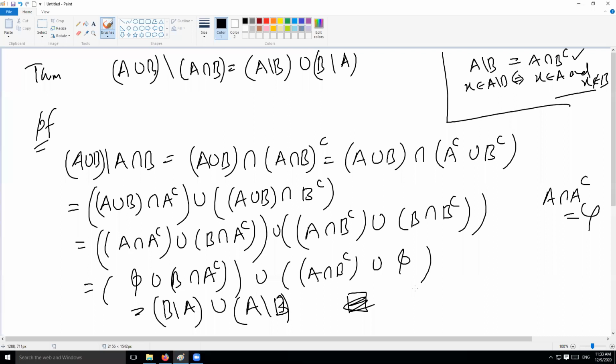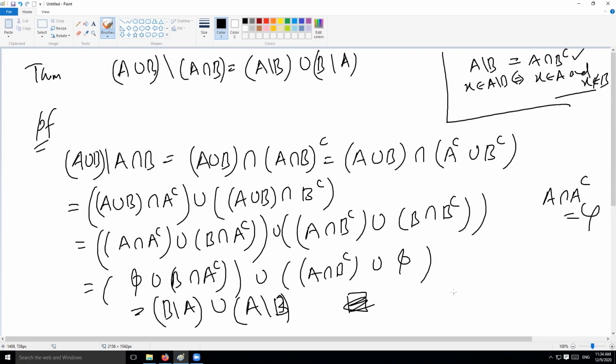So that's another way to do it. But in this, I have assumed a lot of previous knowledge actually, that distributive laws are true for sets, and there are several things that I have assumed about sets. But in my previous proof, I assumed nothing except the laws of logic.